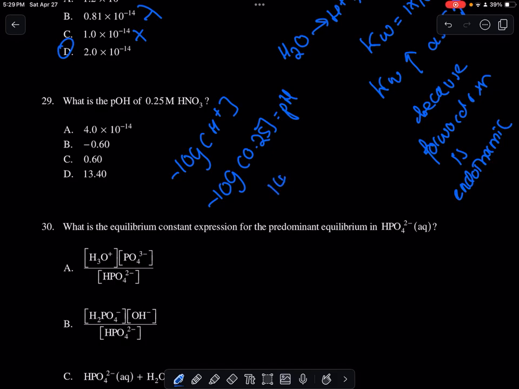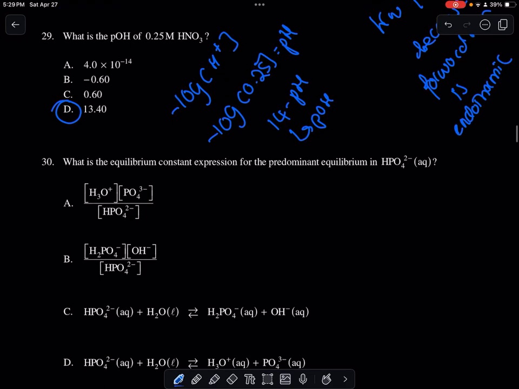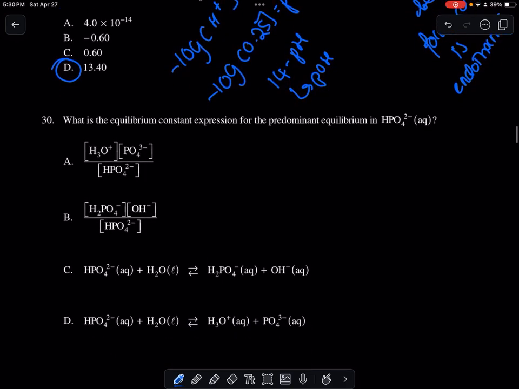And so 14 minus the pH will give us the pOH. And so notice also that we have a strong acid. So the pH is low, and we're calculating the pOH, we should get a number like that, D, because it's a very strong acid.